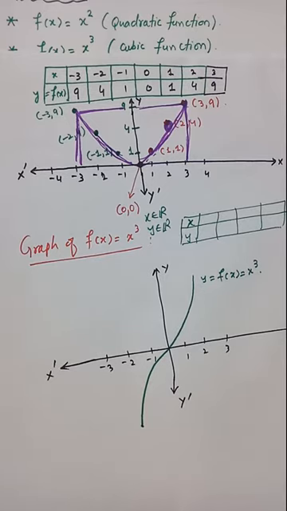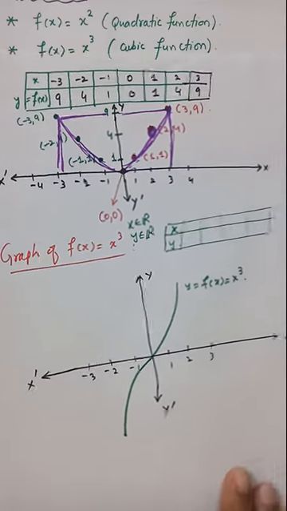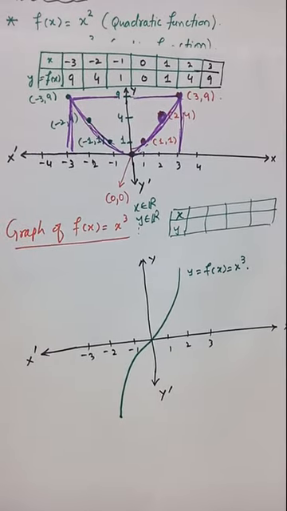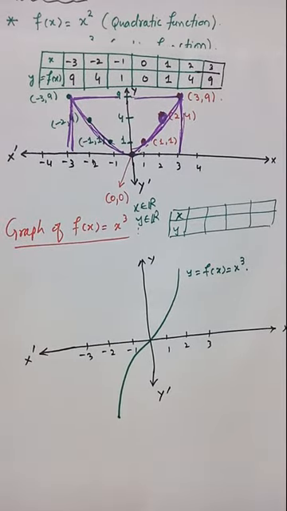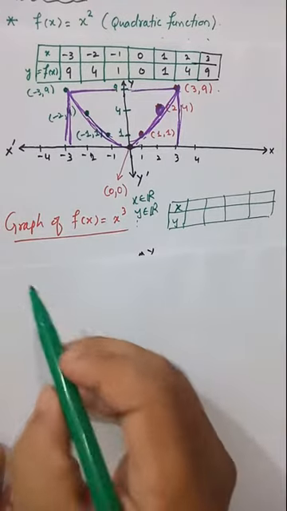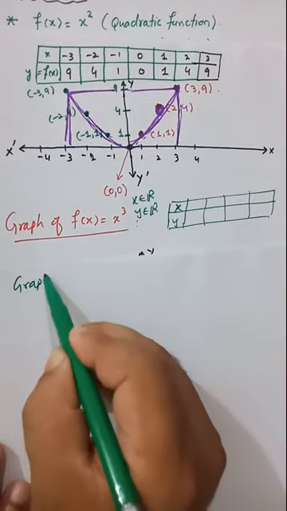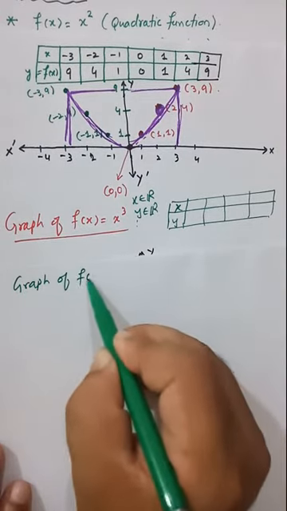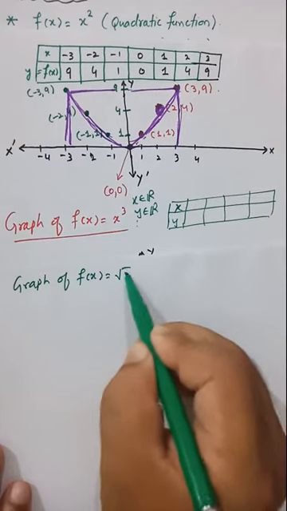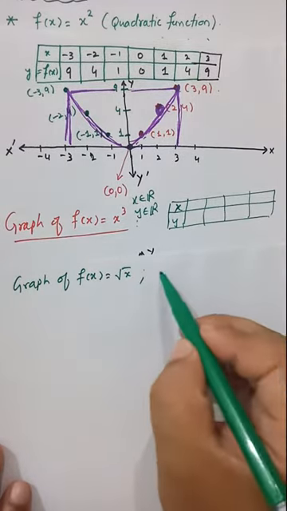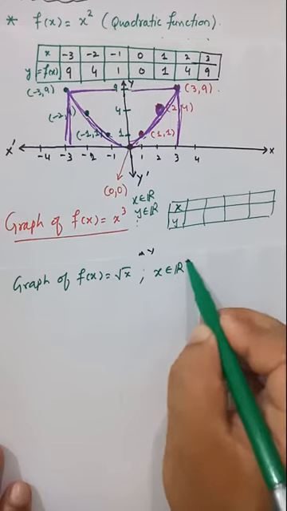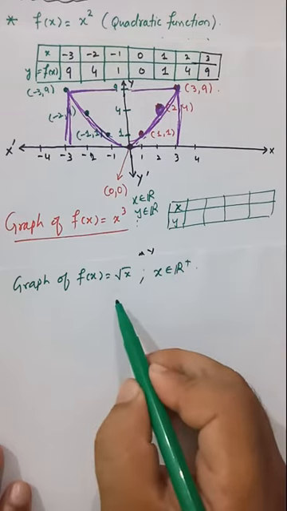What will be the graph of the square root function? The graph of the square root function is in this shape. What will be the domain? Domain is positive real numbers, because this is real analysis.